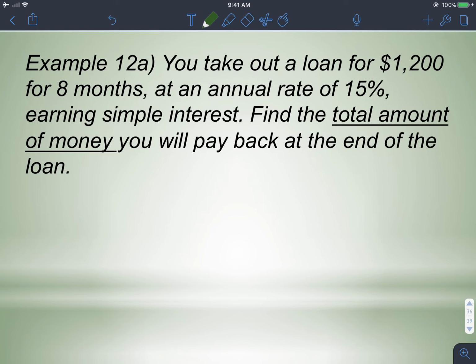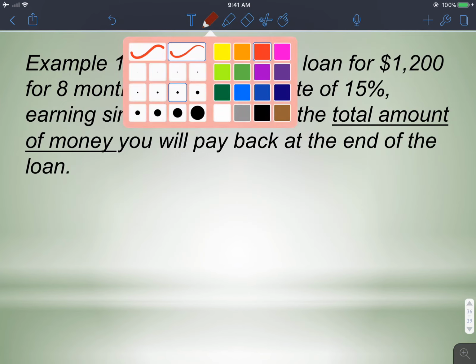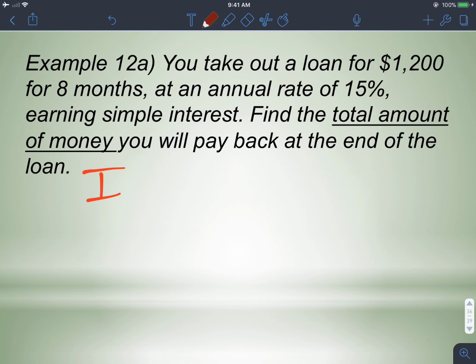Find the total amount of money you will pay back at the end of the loan. All right, so first, take about a minute on your own and see if you can come up with the amount of interest that will be on this. Then we'll talk about the total amount of money.